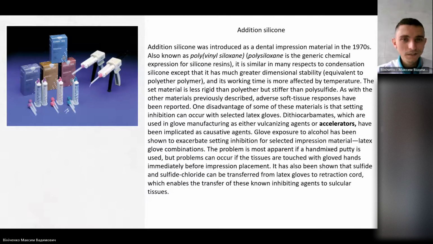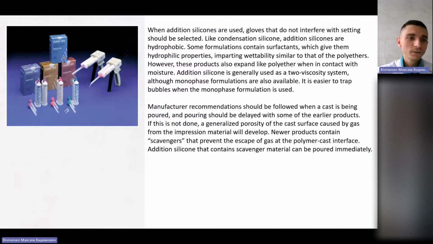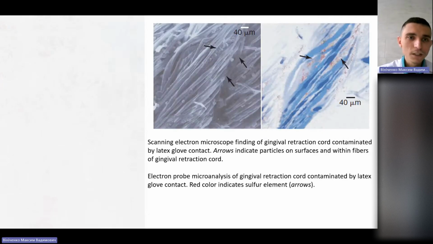I mean, just with silicone and alginates, you have the work done. This is more for the crowns. Because in orthodontic treatment, we don't need to have such precision as, for example, addition silicone or polyether. So clinically, I use this alginate and condensation silicone.